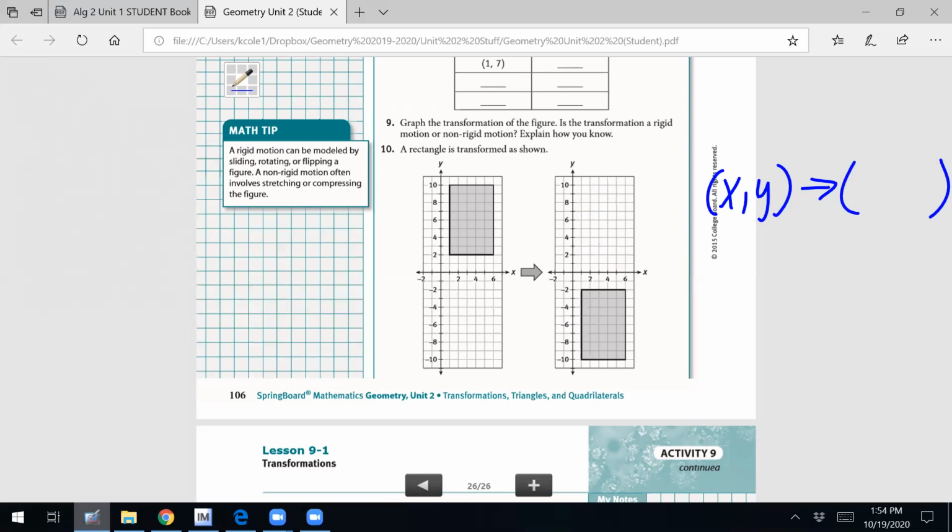What happens to your x's? That's right. So I just have x, comma. What happens to the y? Minus 12.